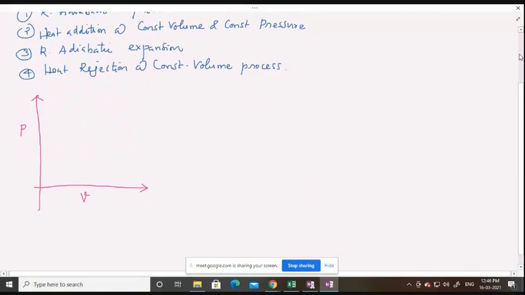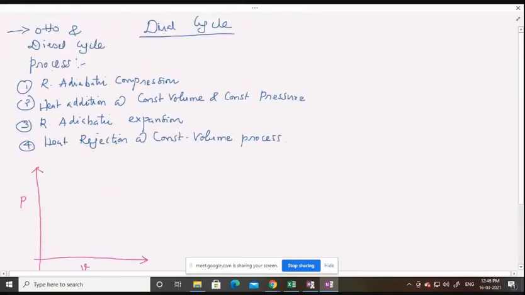The first process is reversible adiabatic compression, taking place between 1 and 2.